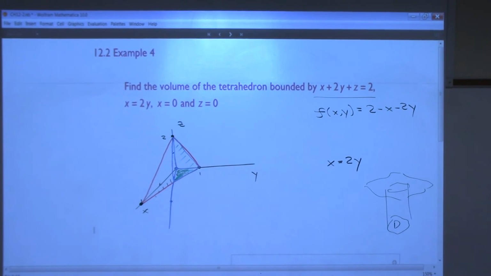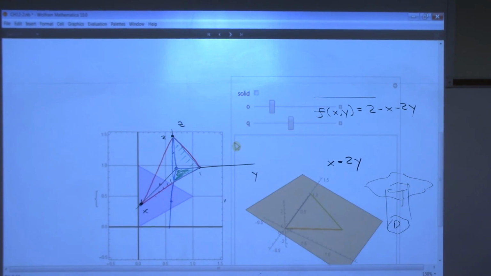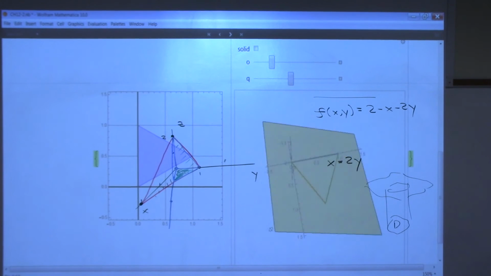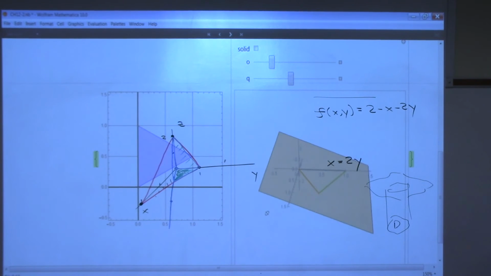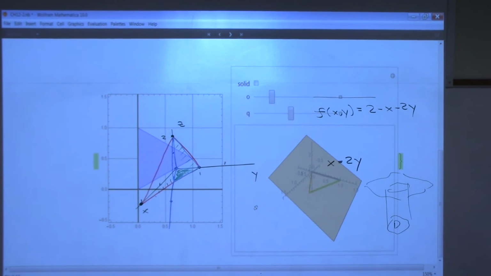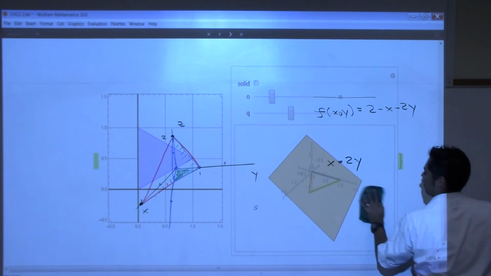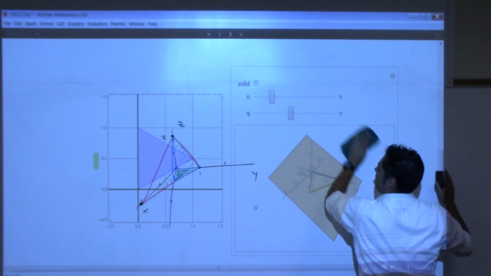Now it all makes sense? That helped a lot? See, that's why I have this. Figure out where I am here. Okay, there's the plane, right?